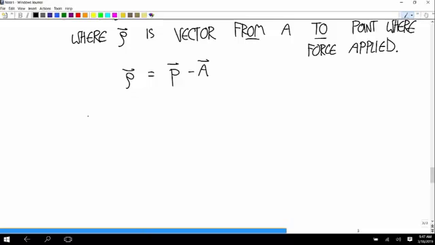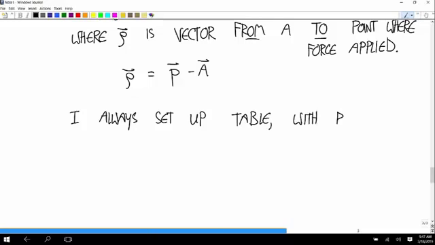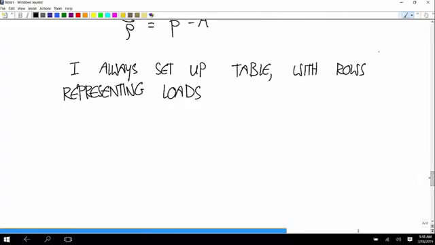Rotational Newton's second law says you're going to add up all the moments applied by all the forces about your point A. So I always set up a table with rows representing individual loads, and the columns with places for that rho vector, the force vector, and the moment vector. So like rho, force, moment.